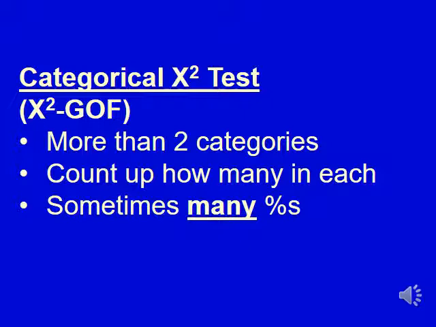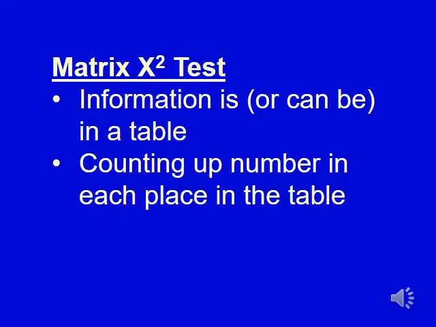Sometimes you're given a whole bunch of different percents in the problem because what you're looking at is whether the distribution we have is different from what all those different percents are saying it's supposed to be. More than two is always kind of your dead giveaway for a categorical test.